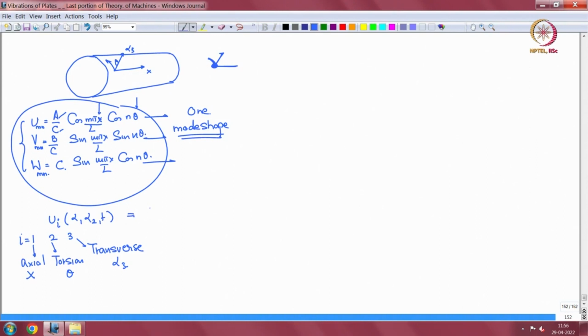In the response, we are representing it as a sum of mode shapes, okay, with an amplitude that depends on time. This is called the modal participation factor.